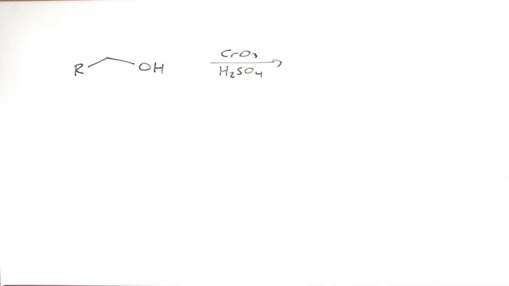If I use chromic acid, chromium trioxide and sulfuric acid, I get overoxidation to the carboxylic acid. Not entirely satisfactory to me if I wanted the aldehyde. I can't stop it.